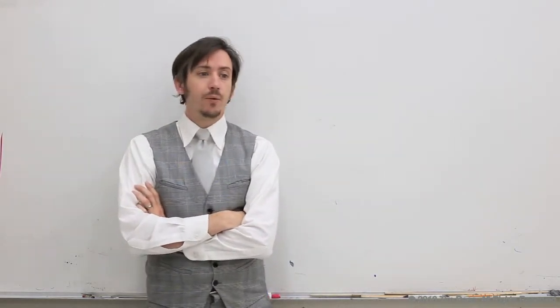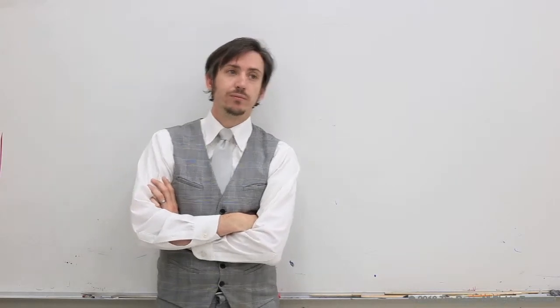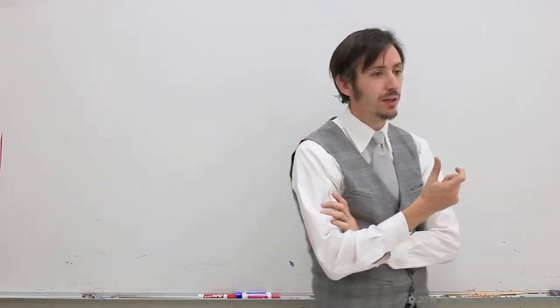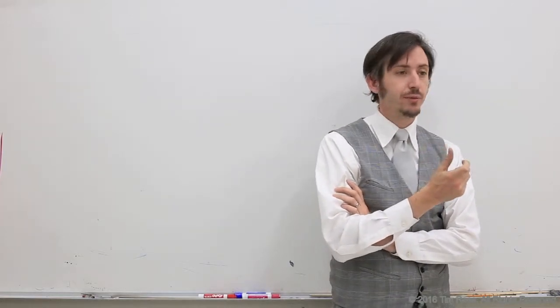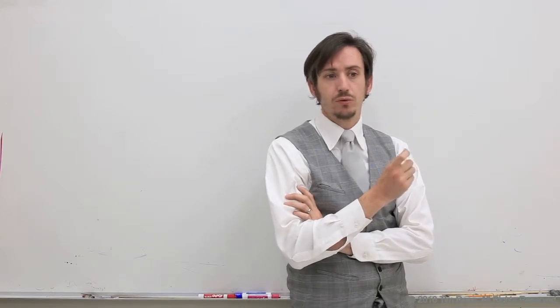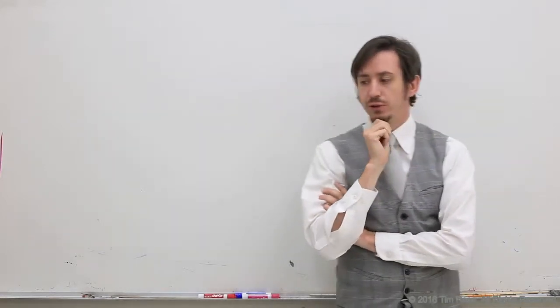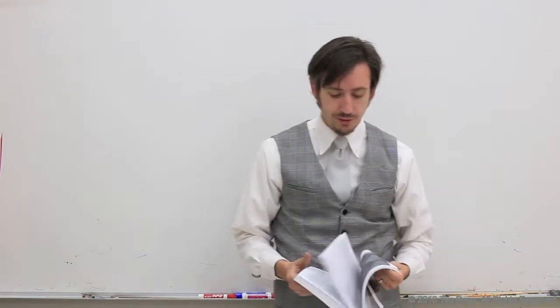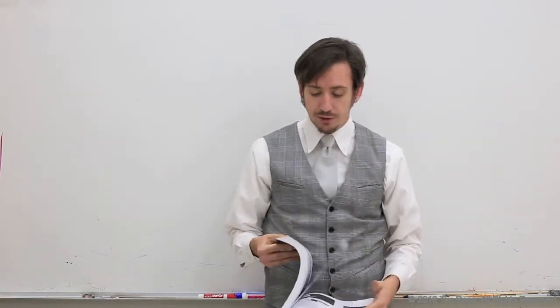So I want to see 5 to 10 compositional sketches like we did last term in the composition course. If you are forgetting how to do those, it is listed in the Academy textbook under the instructions on how to do the compositional sketches, so you will be able to look back at that if you need a refresher.